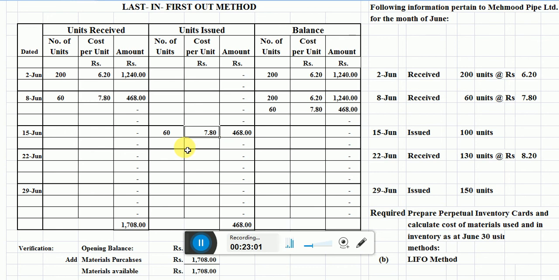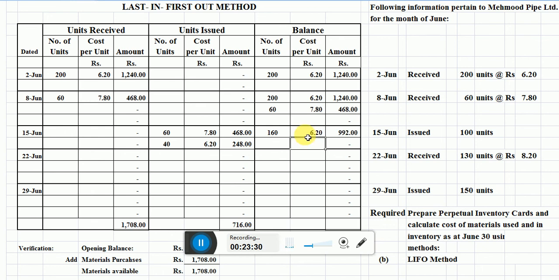The remaining balance is 40 units, which I have to take from the first lot, 40 units at the rate of 6.20. Students, now the balancing figure in inventory is 160 units, because we have taken 40 units from this inventory, at cost price 6.20.